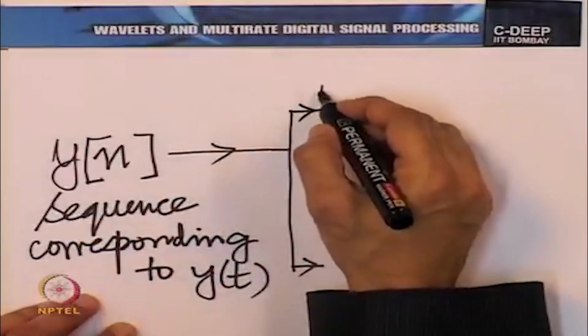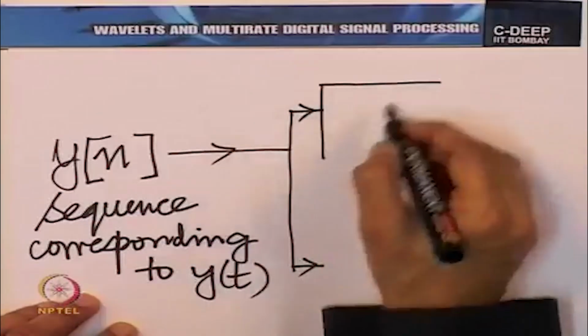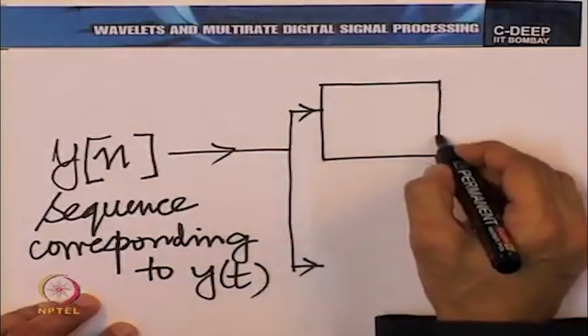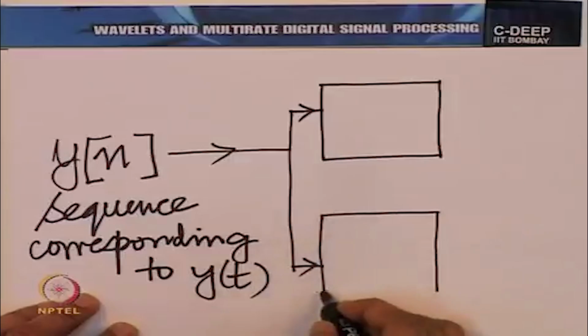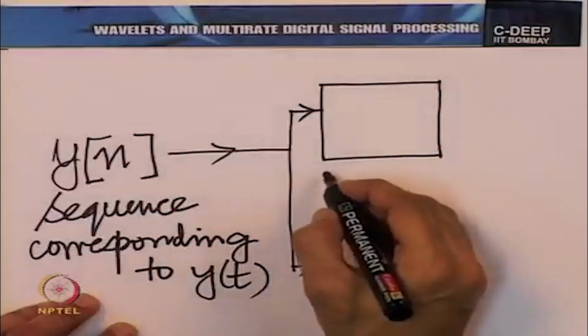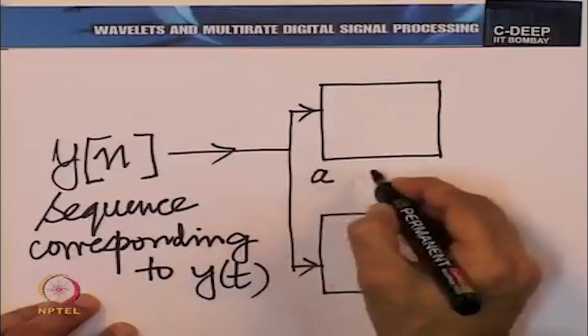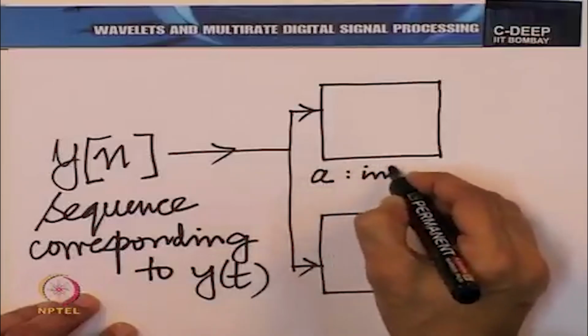So, I will use different input output notation here. I will say in these two discrete time filters, A is the input and B is the output.